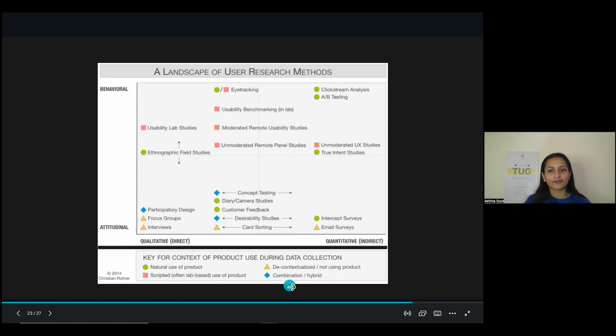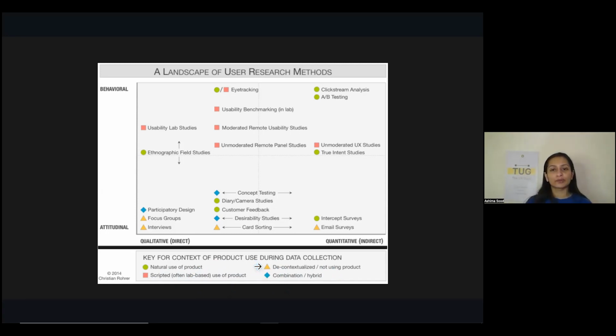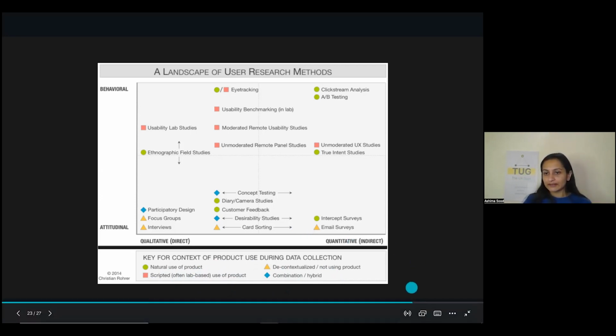And then we also have a combination. And then there's decontextualized, which is not using the product. And that's generally done either before there's a product, or, for example, email surveys, when you're not really using the product, you're just checking your email and you're hit with a survey. So hopefully, okay, no comments yet.